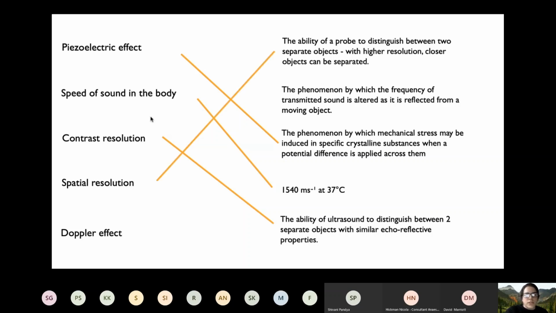Similarly, spatial resolution is the ability of a probe to tell the difference between two separate objects that are next to each other. And finally, the Doppler effect is the phenomenon by which frequency of emitted sound is altered as it is reflected from a moving object. If anyone's preparing for the viva, I highly recommend practicing saying some of these things out loud so you don't get tongue-tied if it does come up in your viva.